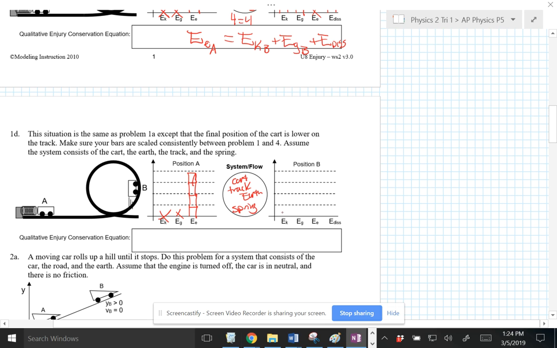EK, yep. EG, yep. EE, nope. Same as problem 1A, so no E-dis, no friction. All right, so this new position B is lower. That means the EG is lower. That means the EK must be higher. It must be faster at that position than it is at the other one.